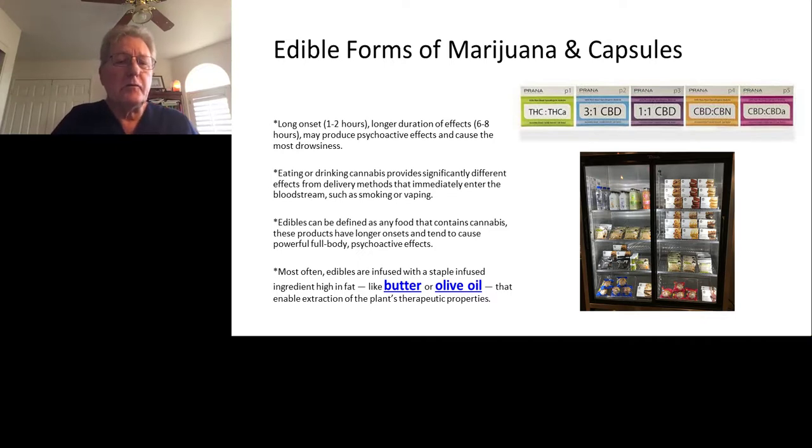Now, there are edible forms of marijuana. Many states will define different edible forms statutorily differently from state to state. But generally, edibles should be considered a food product, so cannabis has been infused into something that you eat.